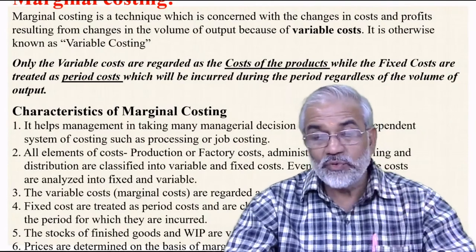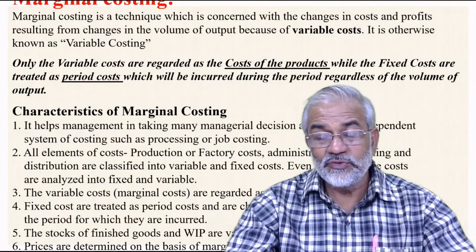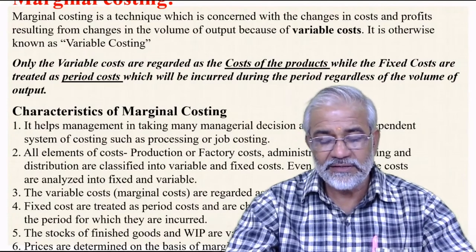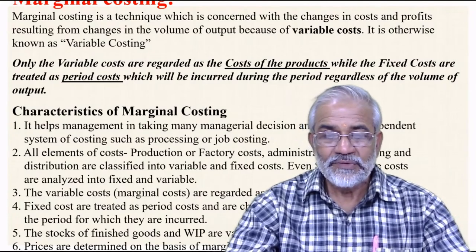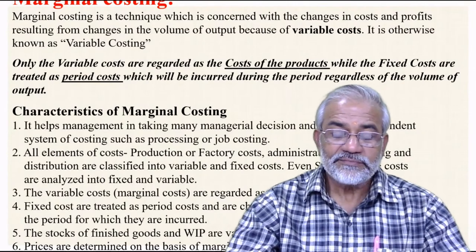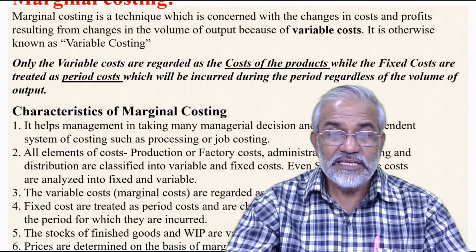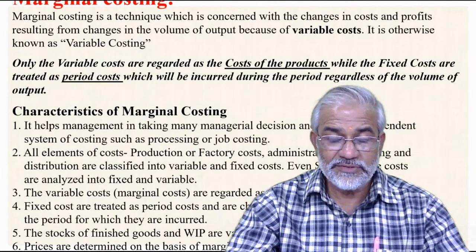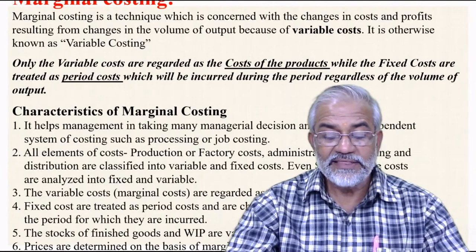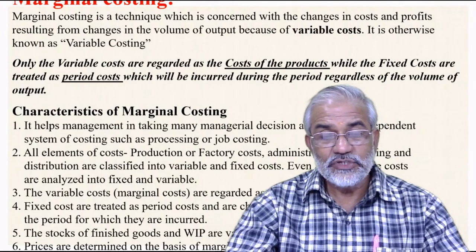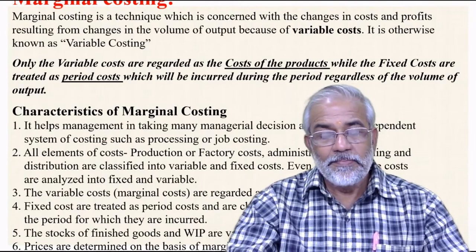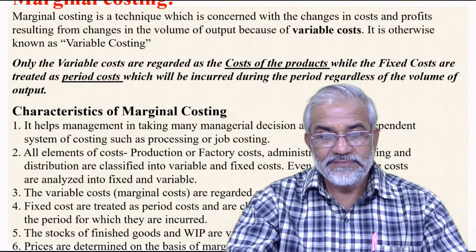Over and above that, when we get the offer of 50 cups of coffee to be provided to the nearby bank at a price of 10 rupees, no extra fixed cost has to be incurred by us. Only the extra marginal cost of 50 cups of coffee has to be calculated, and that comes to 8 into 50, that means 400 rupees.